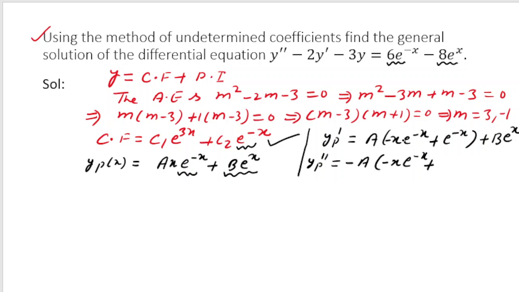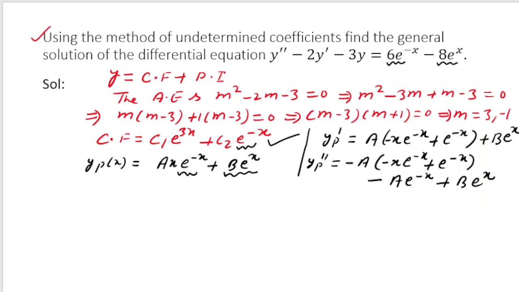Then again e to the power minus x, and the derivative of x is 1. This is for the first term. Then we have the second term also, a e to the power minus x, which will give me minus a e to the power minus x, and we have b e to the power x, which will give me b e to the power x. I hope there is no doubt in this.